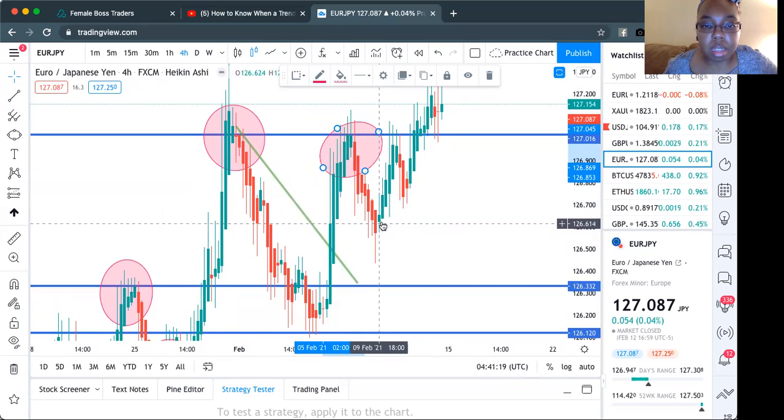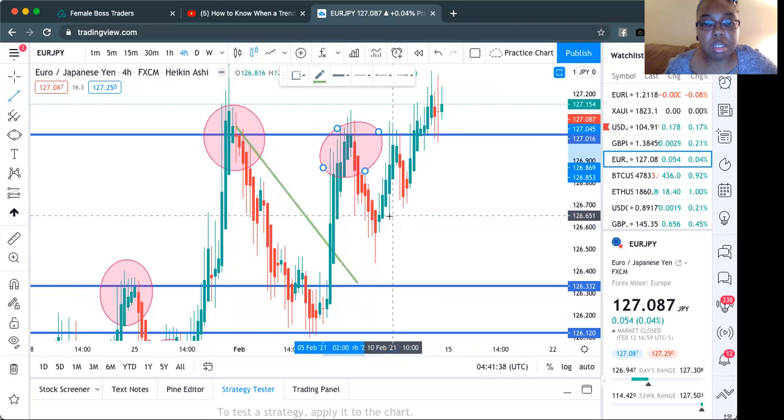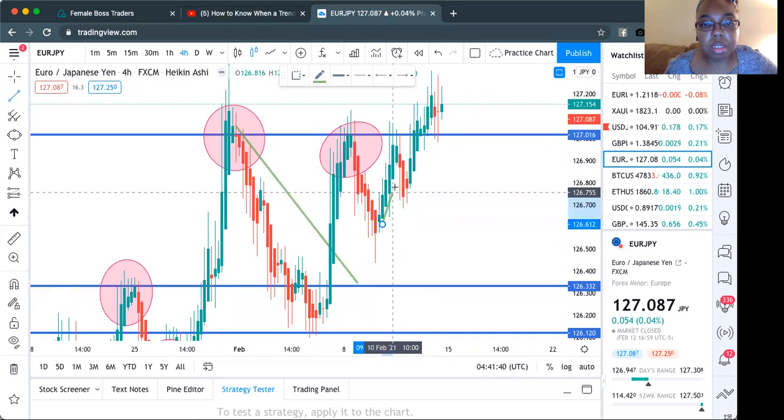And then I would have gotten out probably right in here. I would have gotten out right here. And then there's a little bit of consolidation, and then the market is going up a little bit.